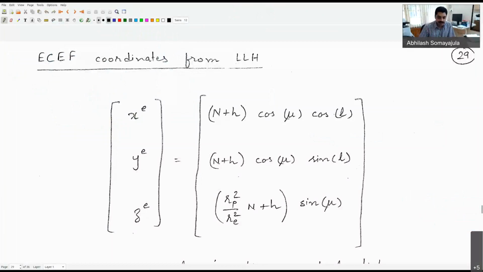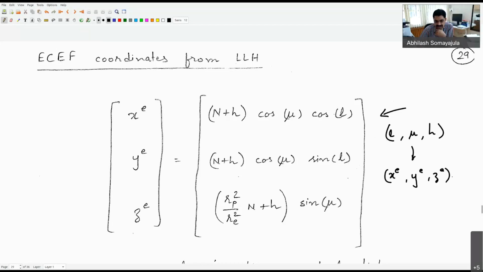Okay. So last time we talked about how to convert from the Earth-centered, Earth-fixed coordinate system to LLH. If the latitude, longitude, and height are known, how do I convert from this to the Earth-fixed coordinate system, which would be XE, YE, and ZE?